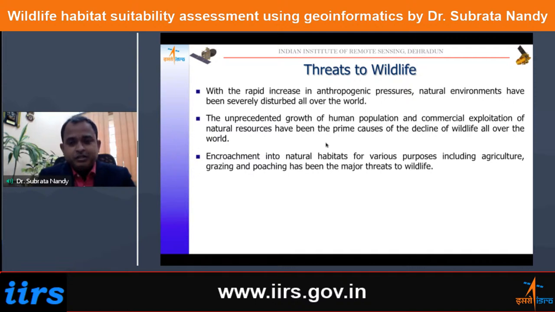These anthropogenic disturbances on natural resources are the prime causes of decline in wildlife. Encroachment of natural habitats for various purposes like agriculture, grazing, and poaching are the major threats to wildlife.